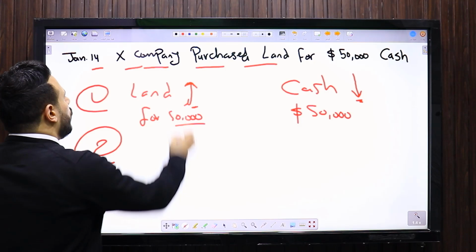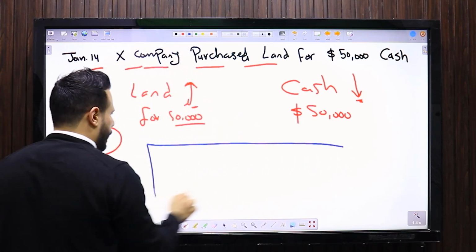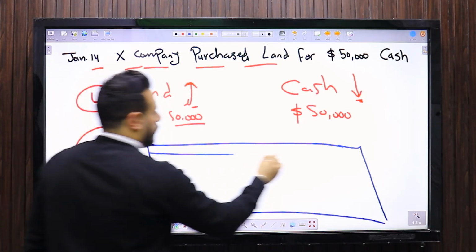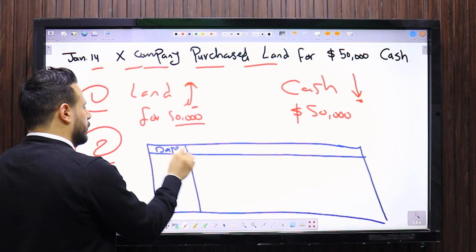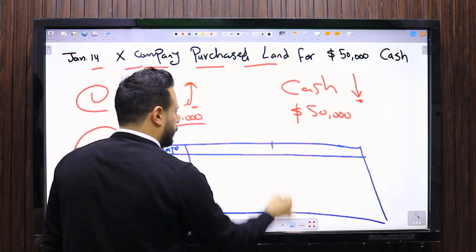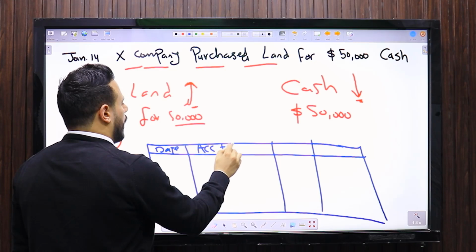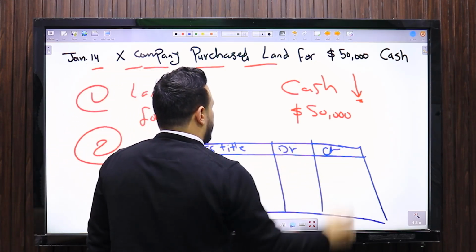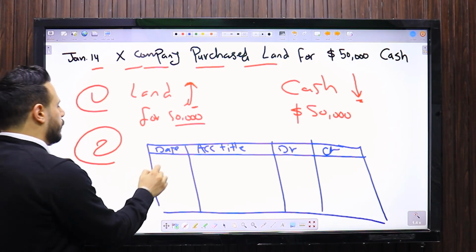The journal entry consists of date, account title and explanation, debit side, and finally the credit side. The date of this transaction is Jan 14.